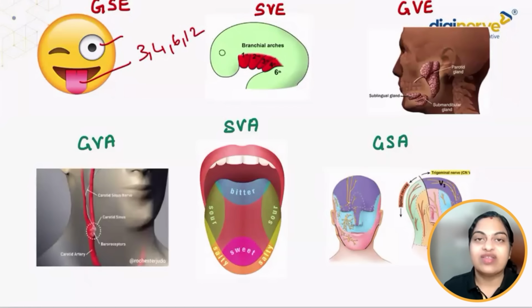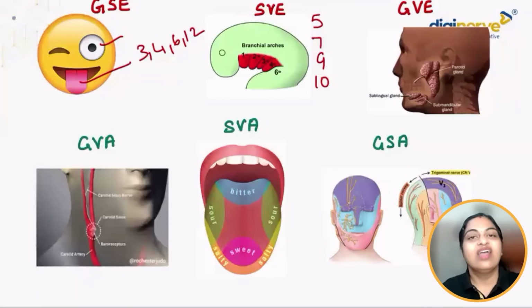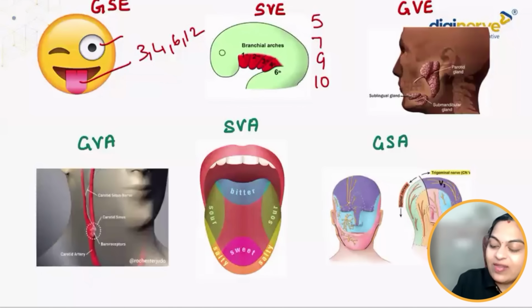The special visceral efferent column includes the cranial nerves that innervate the muscles derived from the pharyngeal arches. The nerve of the first arch, the second, the third, the fourth, and the sixth arch.